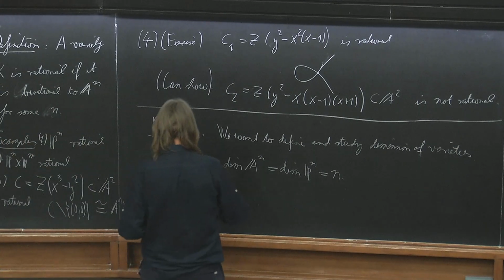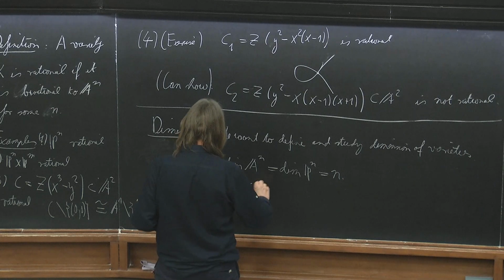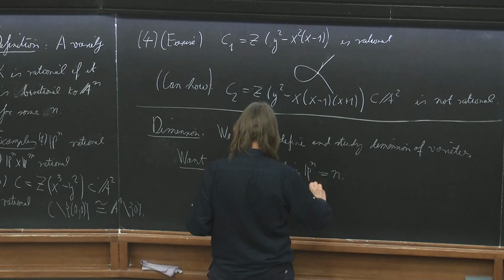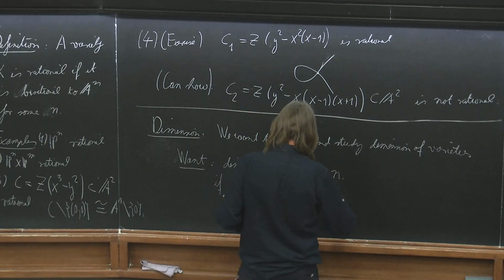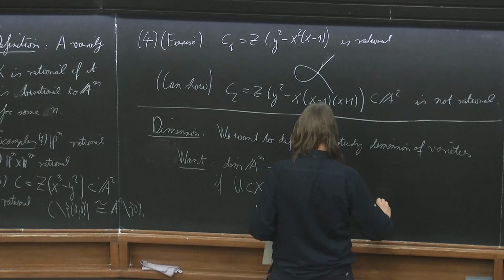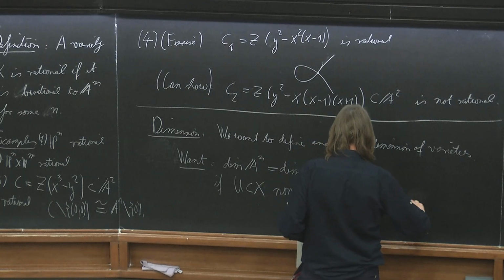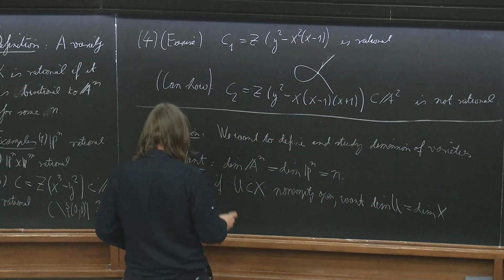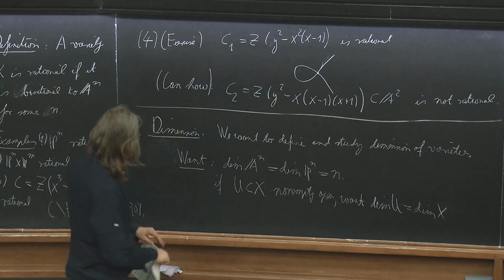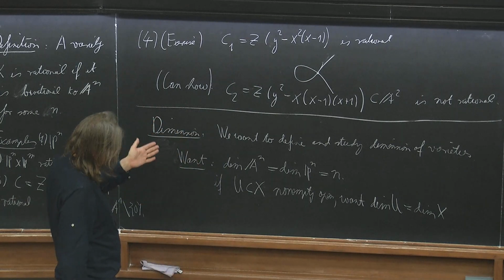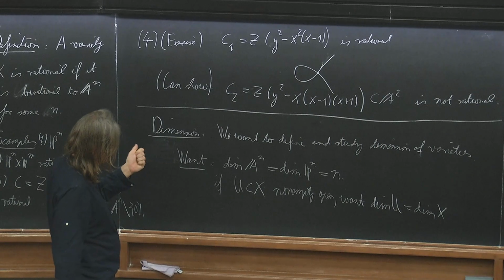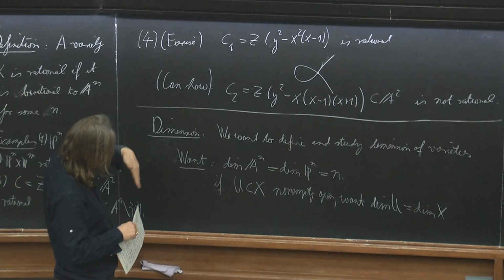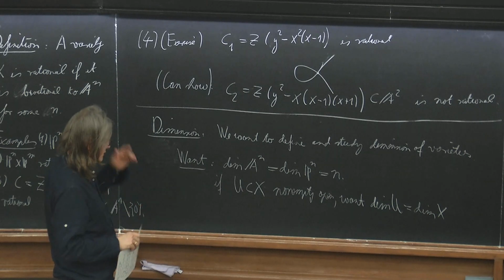So if U, a subset of X, is non-empty and open, we want that the dimension of U equals the dimension of X. And in some sense, if you have a variety and you take a closed subvariety, you really have a condition, so the dimension should go down at least by 1.